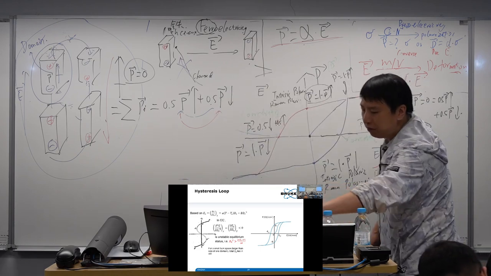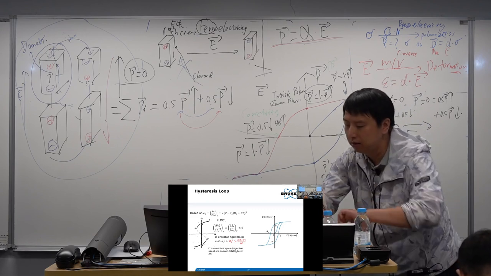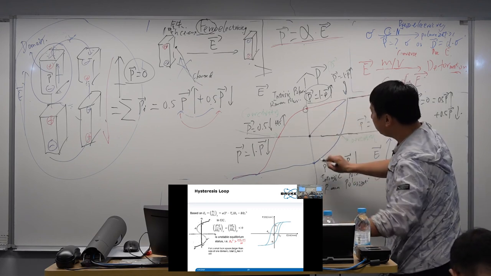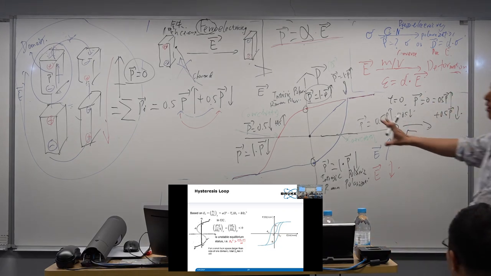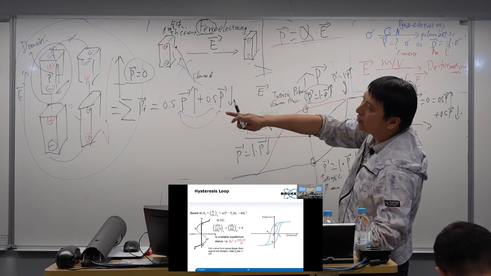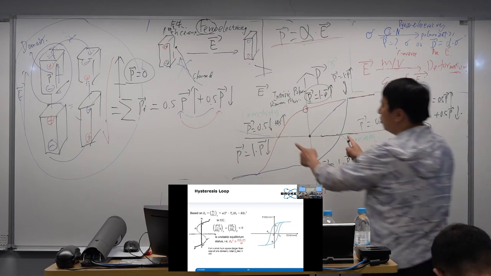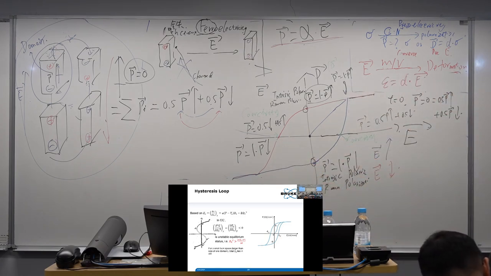We have the 4 famous points here. These 2 are the intrinsic polarization. It can be calculated using Landau theory. And these 2 are the coercivity electric field strength.